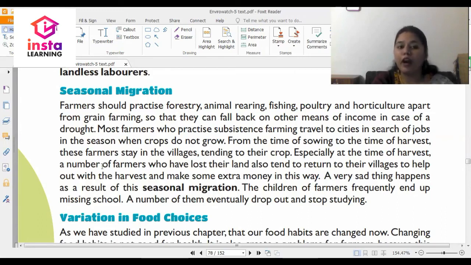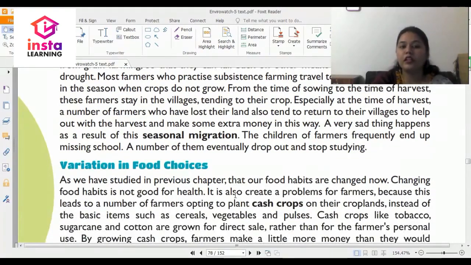Especially at the time of harvest, a number of farmers who have lost their land also tend to return to their villages to help out with the harvest and make some extra money this way. A very sad thing happens as a result of this seasonal migration. The children of farmers frequently end up missing school, and a number of them eventually drop out.